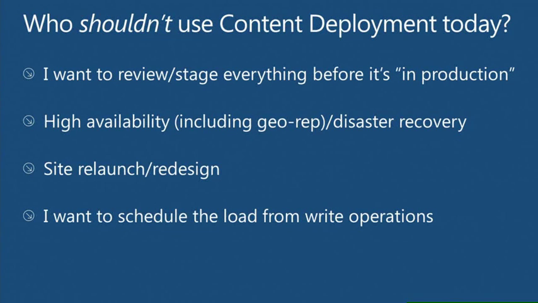So why we shouldn't use content deployment? We've talked about why we should. We want to review and stage everything before it's in production. Well, you can do that in place. If this is the only business requirement, then authoring in place is perfectly acceptable because we actually do this. Now, staging, i.e. pushing it out to somewhere, checking it there, then moving it into production, is slightly different.